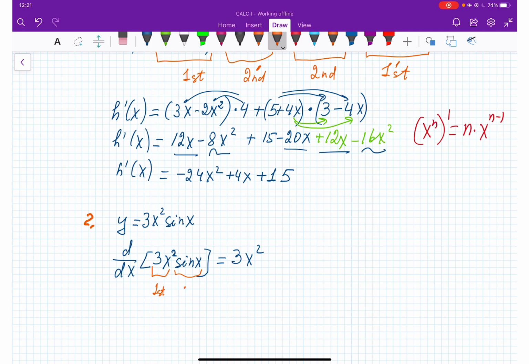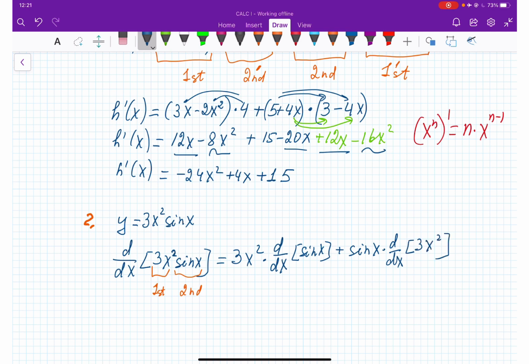This is the second one. Okay, so 3x squared times the derivative of sine x, all right, plus sine x times the derivative by x for 3x squared.